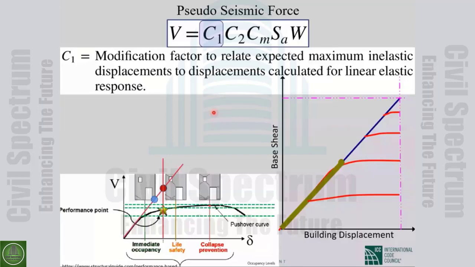For a specific earthquake, the maximum displacement of the building from elastic analysis and inelastic analysis can be different. But if you do lots of time history analyses, on average for many buildings, statistical results happen.